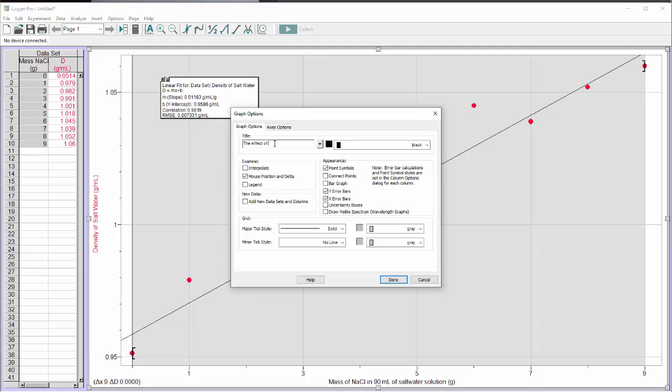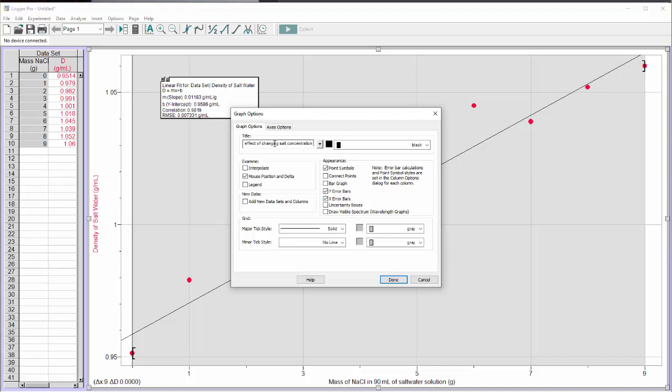For them, they use 90 milliliters, okay? So the effect of changing salt concentration, that's just the way I'm going to word it. Okay, you can say the effect of salt mass in certain volumes, whatever is telling me what the independent variable is. Okay, please don't use my title.